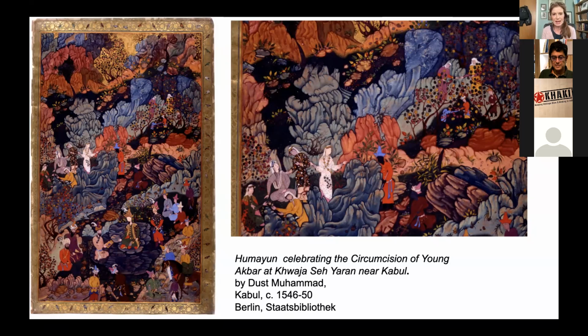We see how there's an unbroken compositional line between Humayun and the woman seated at the far left here. And their clothes echo each other too, in the green and orange that they both wear. And so in all likelihood, this here is Hamida Banu Begum, the mother of Akbar, being represented.